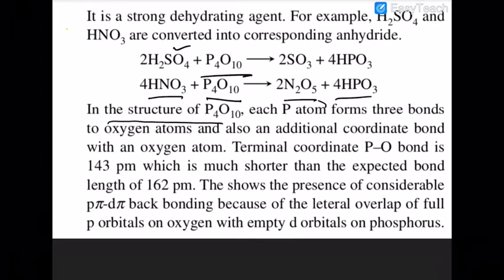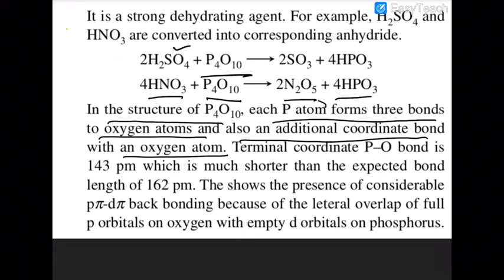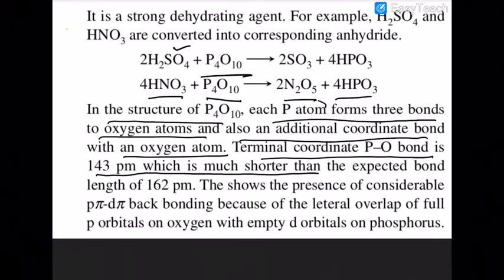In the structure of P4O10, each phosphorus atom forms 3 bonds to oxygen atoms and also an additional coordinate bond with an oxygen atom, that is the p pi d pi bond I told you. The terminal coordinate P=O bond is 143 picometer, which is shorter than the expected bond length of 162.